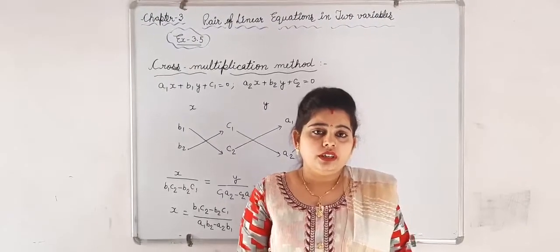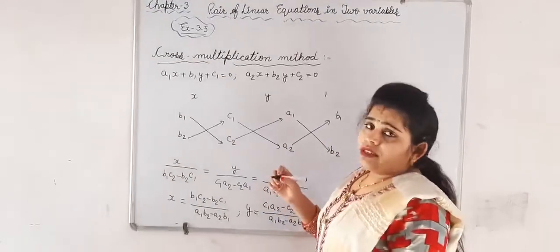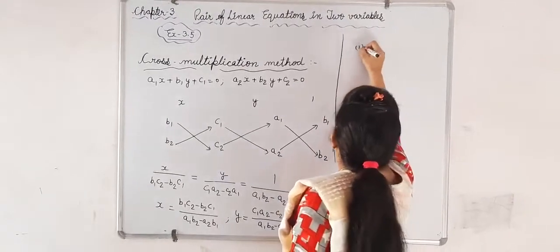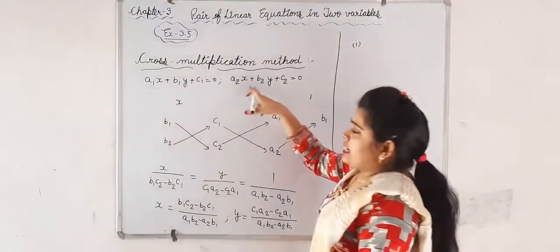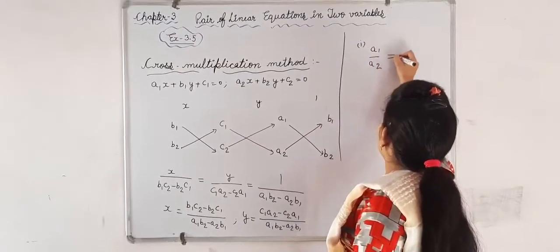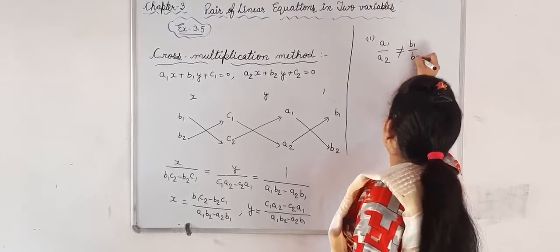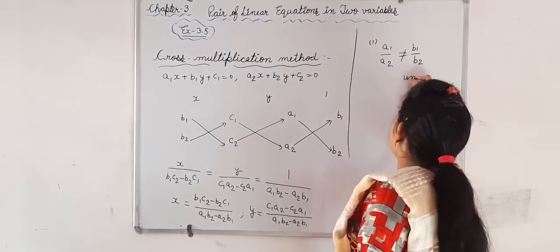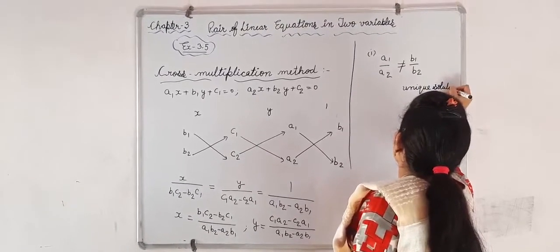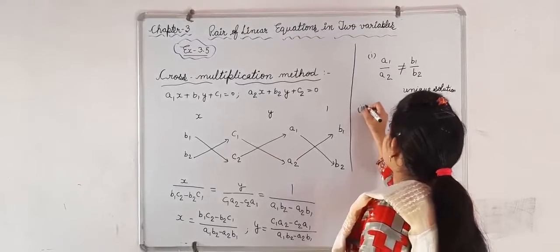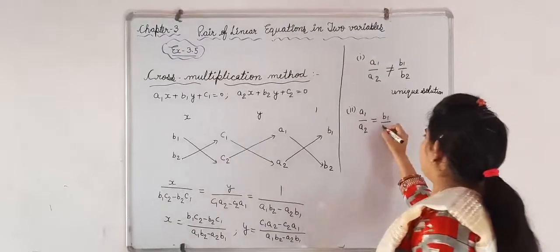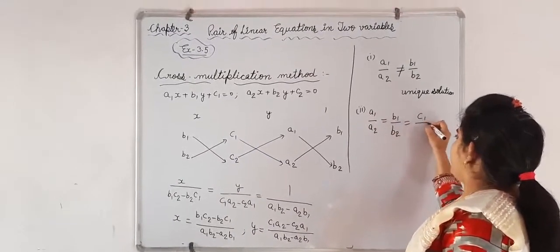One more condition is there. Recall, we have studied it in exercise 3.2. On comparing the coefficients of x and y, if a1 by a2 is not equal to b1 by b2, then the equations will have a unique solution. Second case, a1 by a2 is equal to b1 by b2 is equal to c1 by c2.